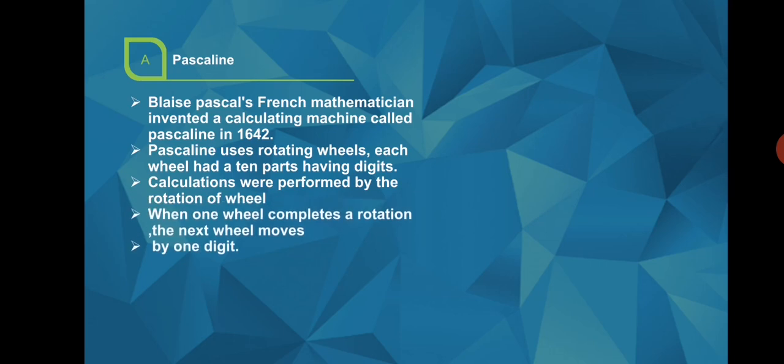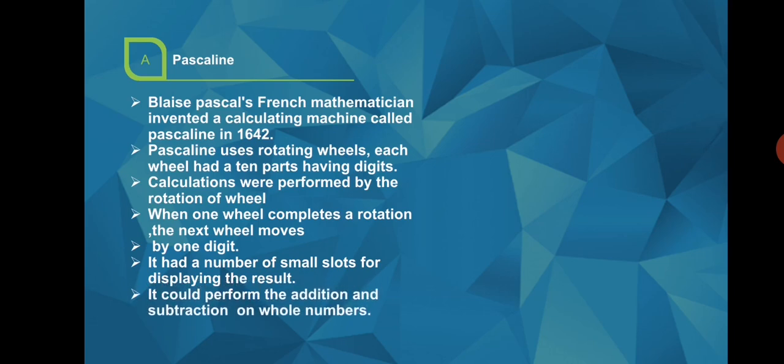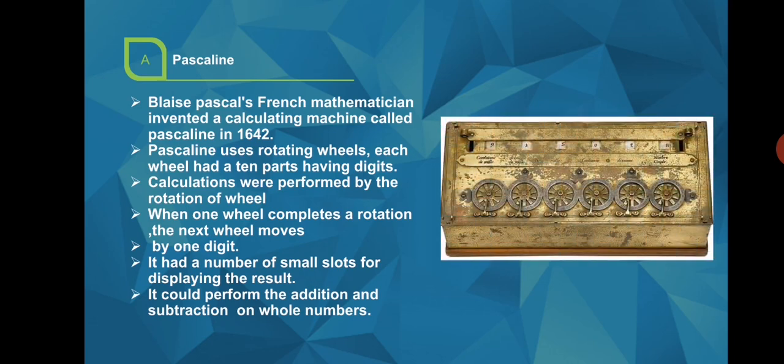When one wheel completes a rotation, the next wheel moves by one digit. Pascaline had a number of small slots for displaying the results. Pascaline could perform addition and subtraction on whole numbers. So the major invention on Pascaline was addition and subtraction to be performed on whole numbers.